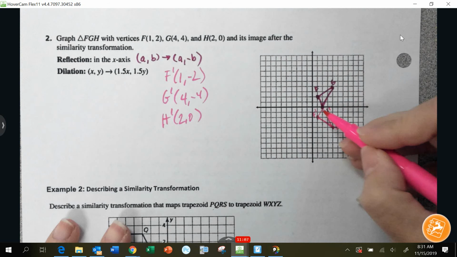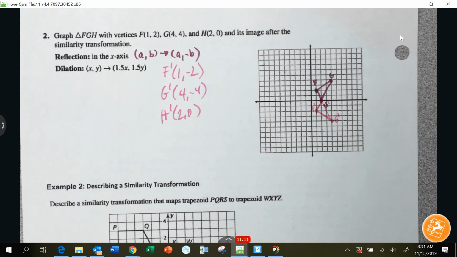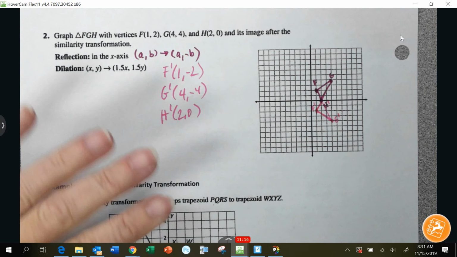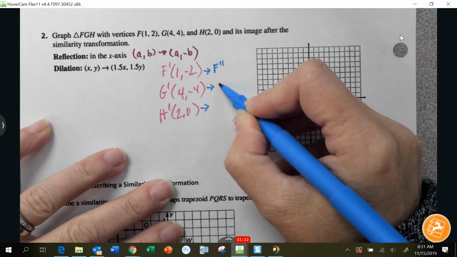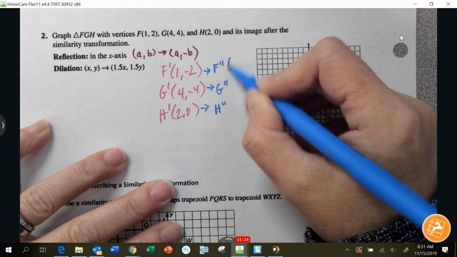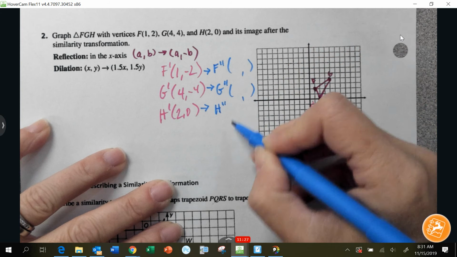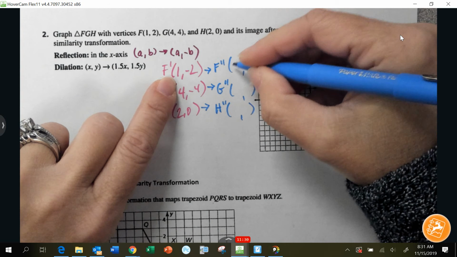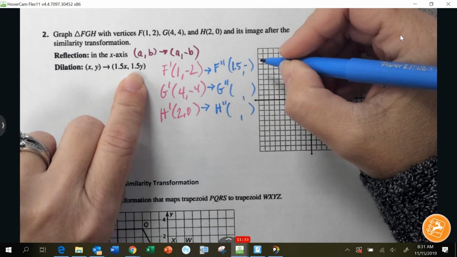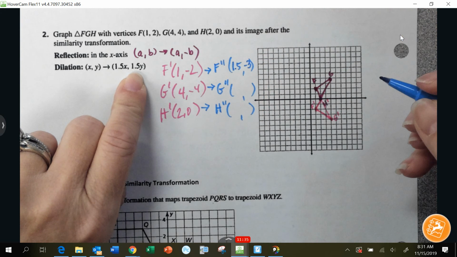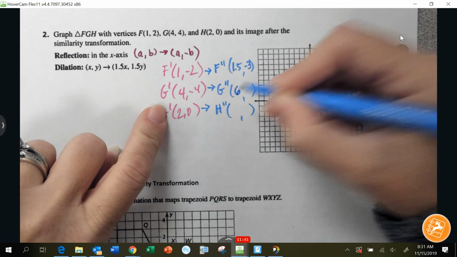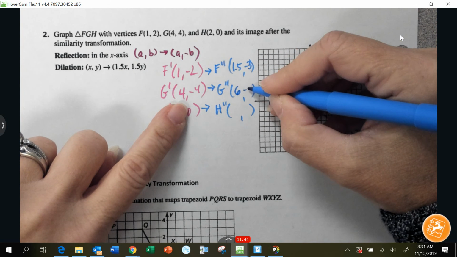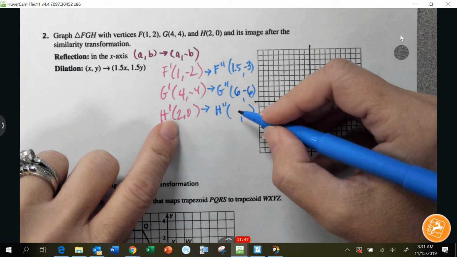So reflection in the x-axis, and then after that we're going to do a scale factor of 1.5x and 1.5y. So I'm multiplying each number by 1.5. Is this an enlargement or a reduction? Why is it going to be an enlargement?